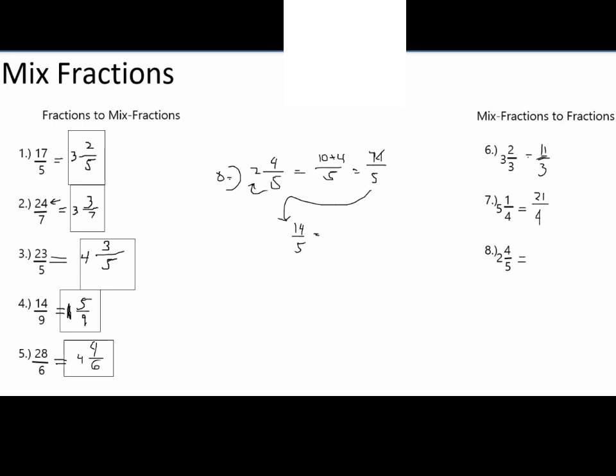Ngayon, let's try to transform this fraction to a mixed fraction again. So we need to find something that is less than 14 and much closer sa kanya. So we're going to use 5 times 2, which is less than 14. We're going to copy 2 over 5. We have to subtract 14 and 10. So it is 4. So check tayo.